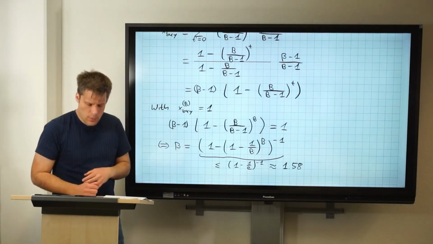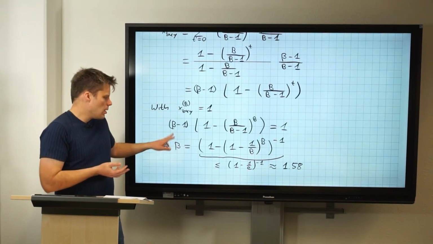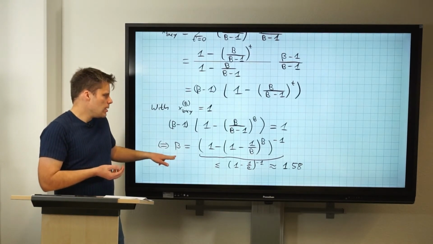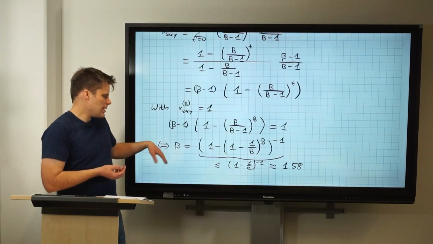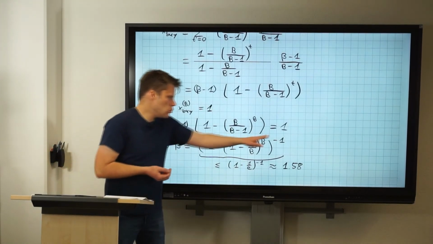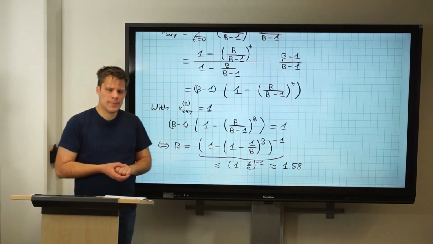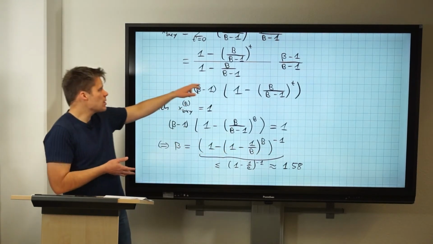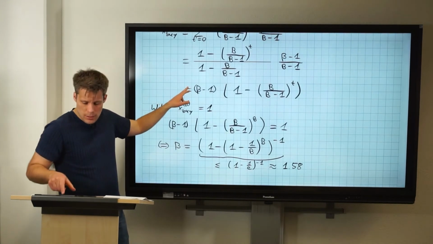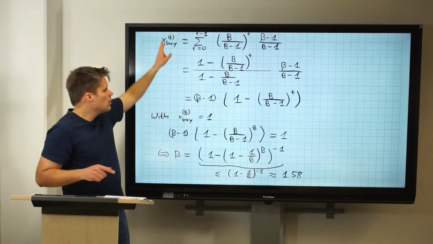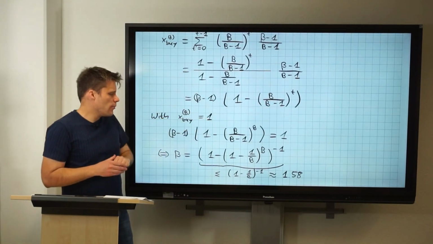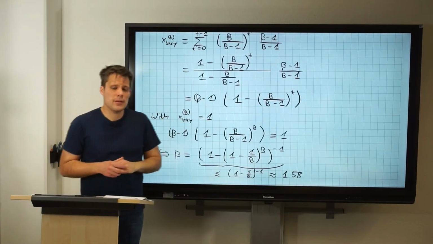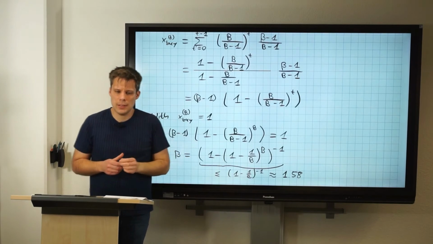So, where are we now? We now derive that if we set beta to this quantity and use this formula here for the x by variables, we have the following.